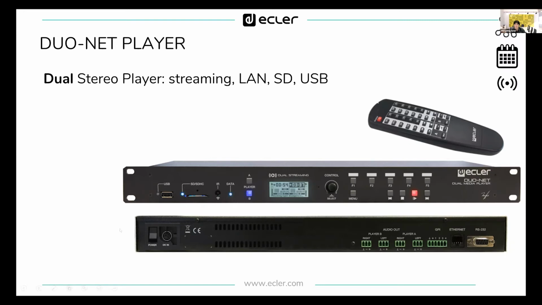You see, there are two players. You access player A if you push this button, or player B if you use this button. In this case, player B is selected, so all these buttons refer to player B. If I push player A, it will change.